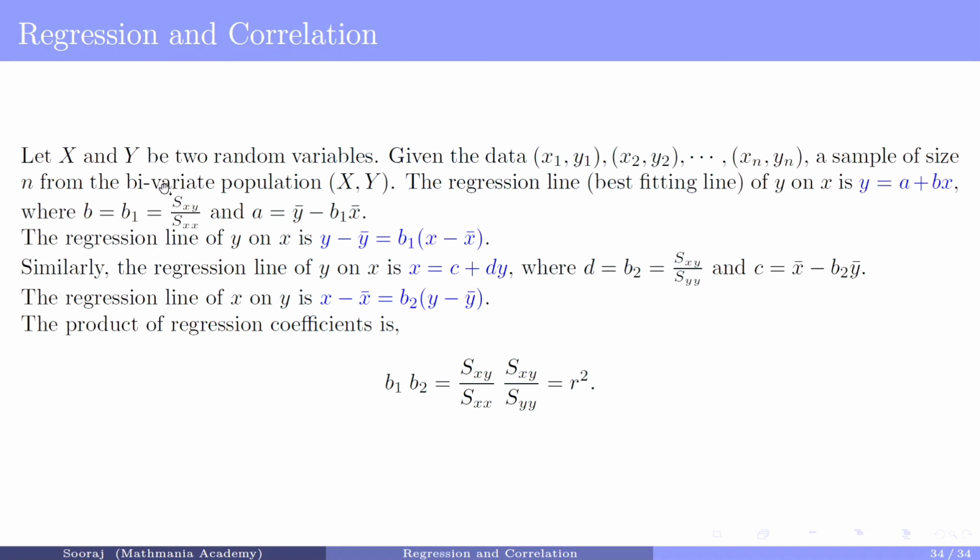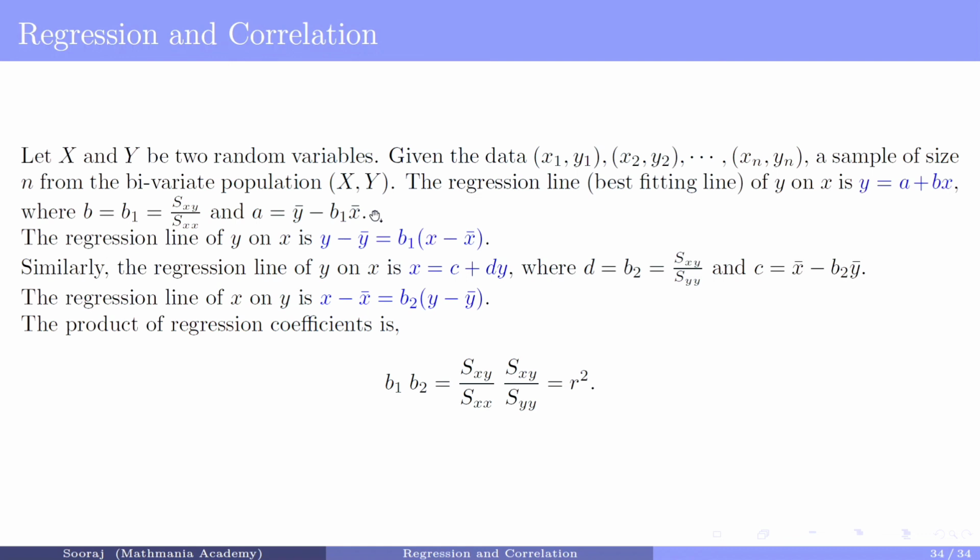When we take this as b1, the regression line, writing y in terms of x, would look like this. Usually we write y equals a plus bx, so we substitute the values, this is our b1 and this is our a. When we subtract the mean and do some calculation, this is what we get.